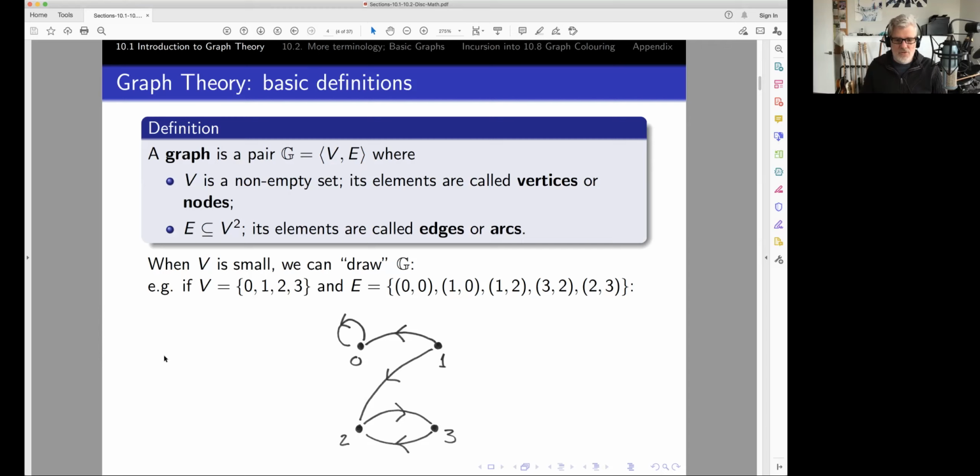You see that I draw an arrow from, let's say, 1 to 0, because (1,0) is a pair in the set E. I have an arrow from 0 to itself because (0,0) is a pair in E, and so on and so forth. So from the set E you can get the picture, and from the picture you can get back the set E.